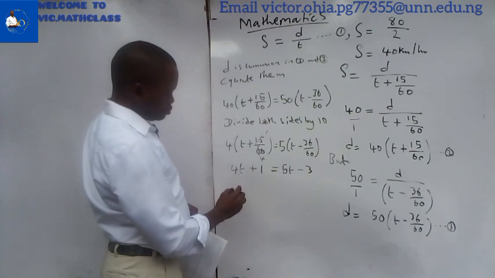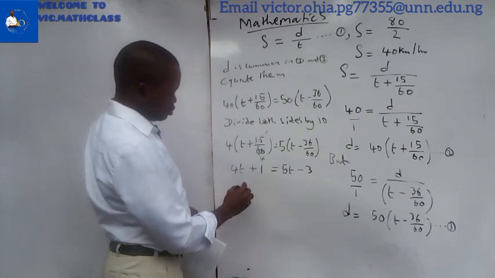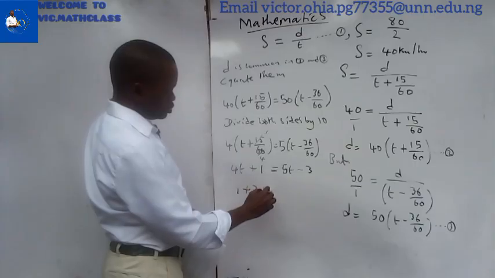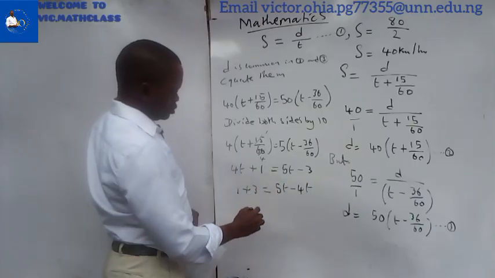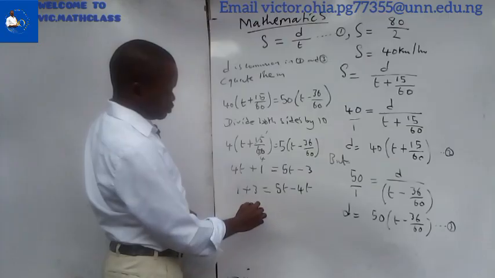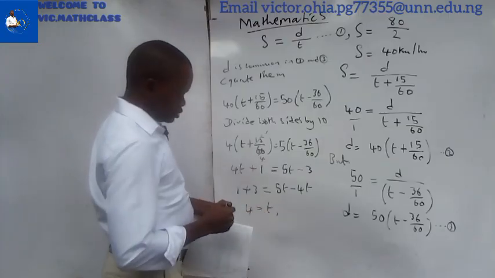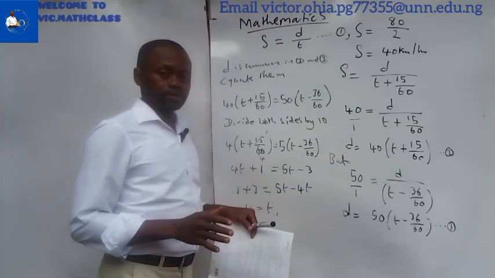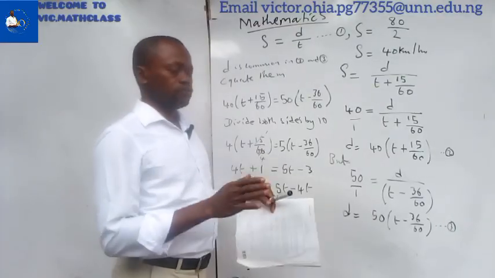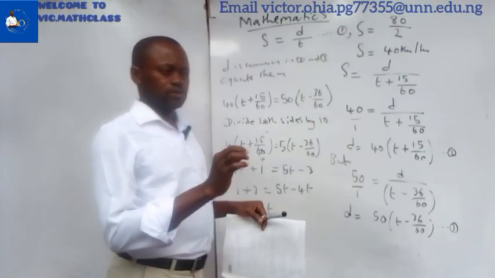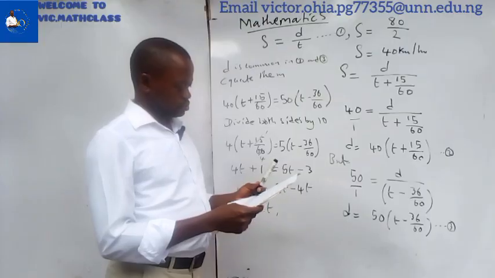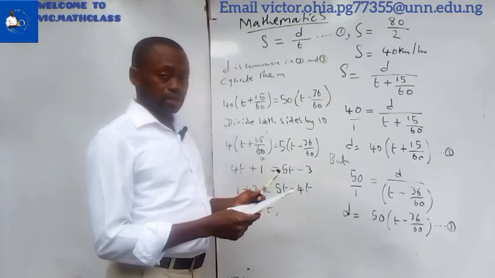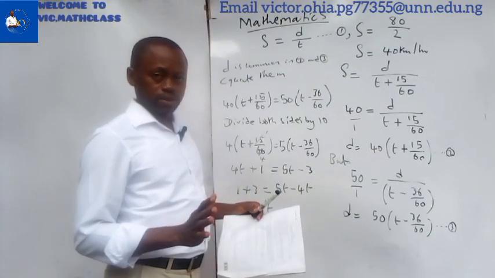1 plus 3 is equals to 5t minus 4t. So this is 4. 4 is equals to t. It then means that the time of arrival driving from Gaja to Banga, the time it takes is 4 hours.